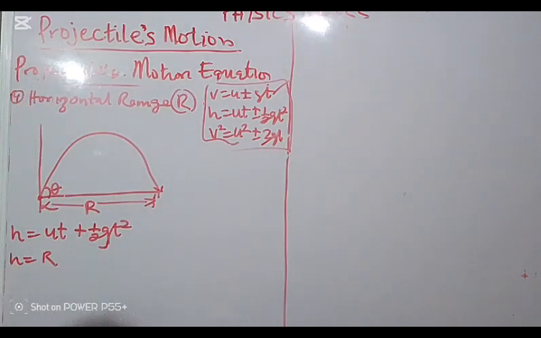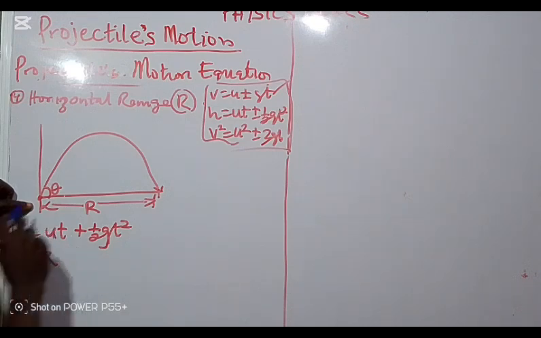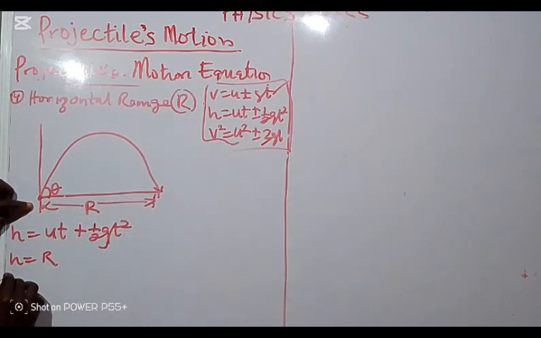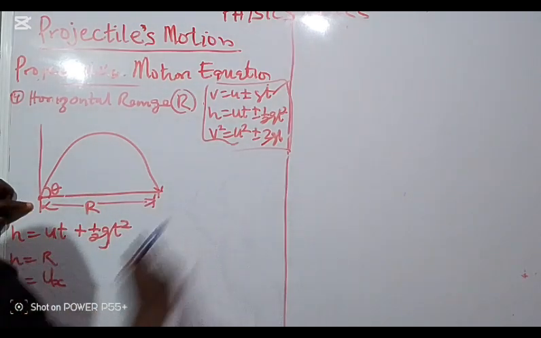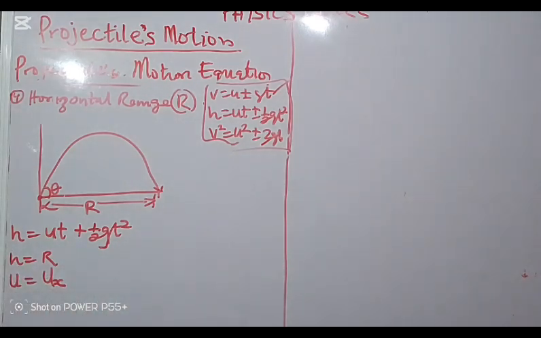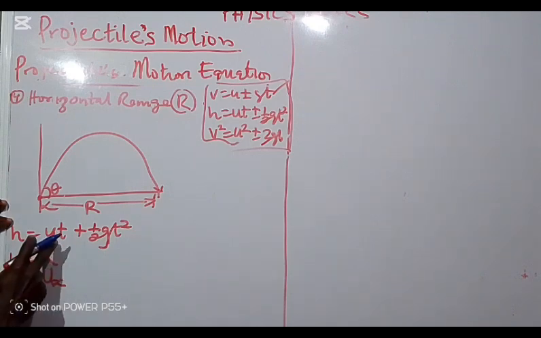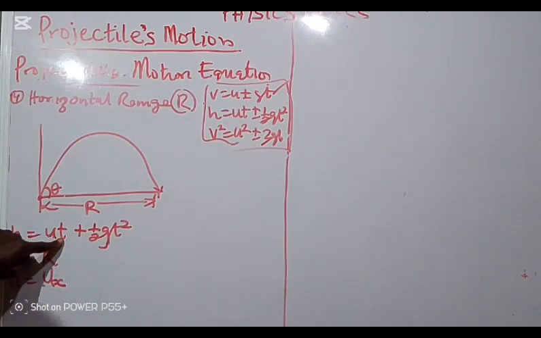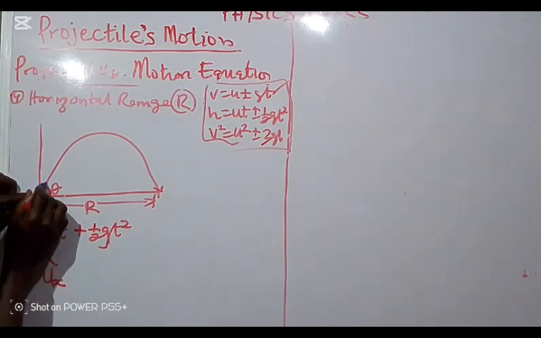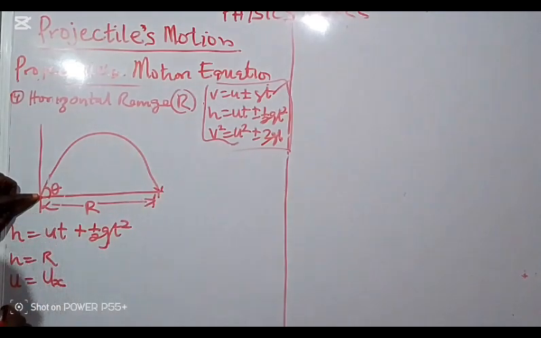Now, our u will now be the horizontal component, because it is horizontal, not the ordinary u. Mind you, we borrowed the formula from motion under gravity. Then our t, since it is horizontal range, should be the time to cover from here to here. So our small t will now be capital T. That is the time of flight from here to here.